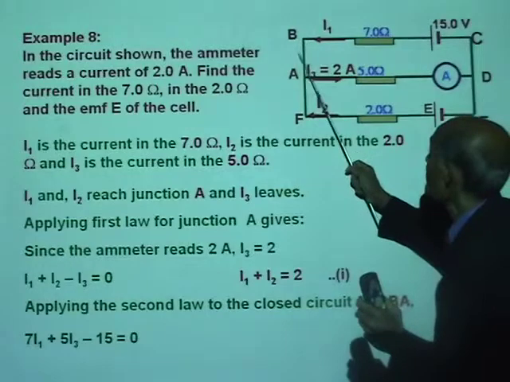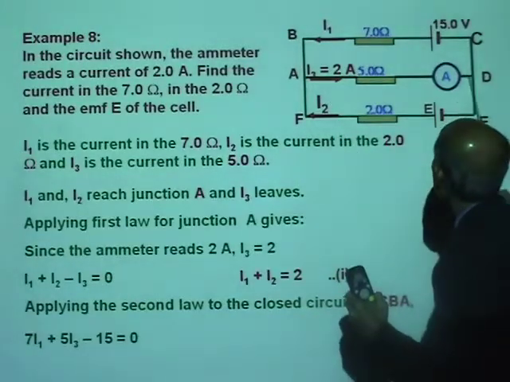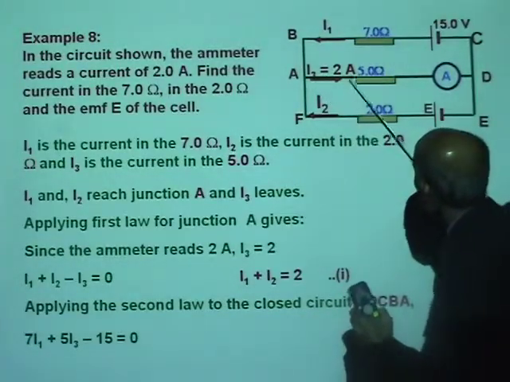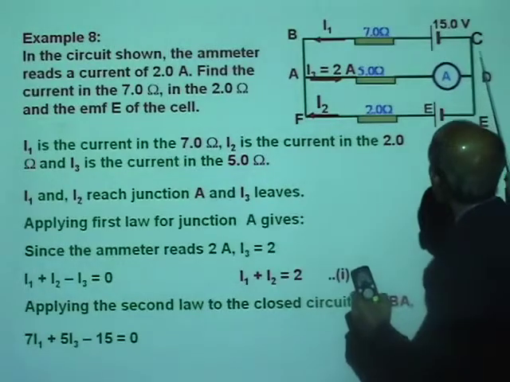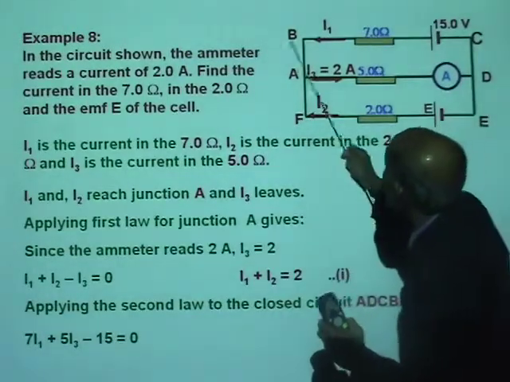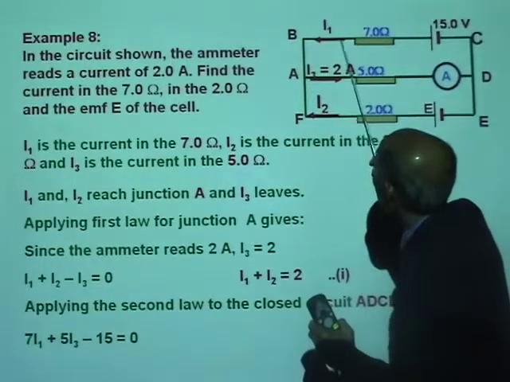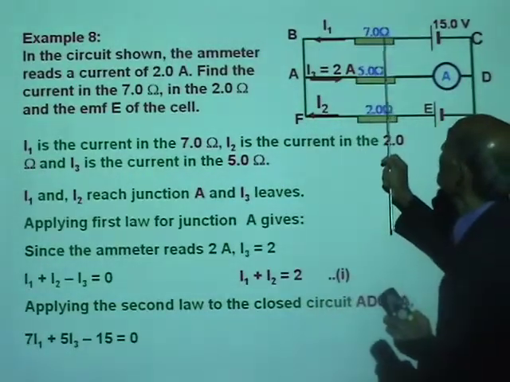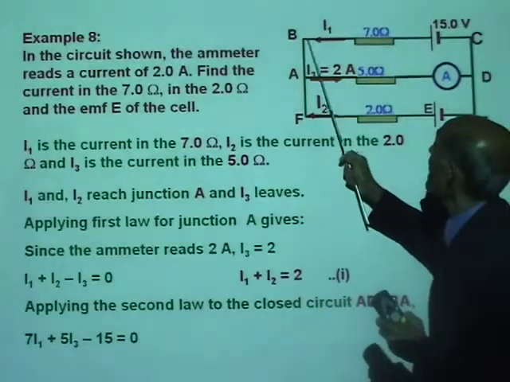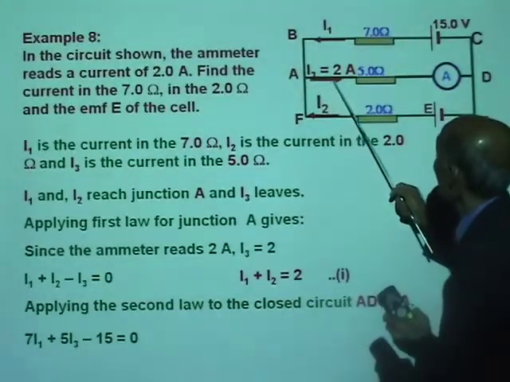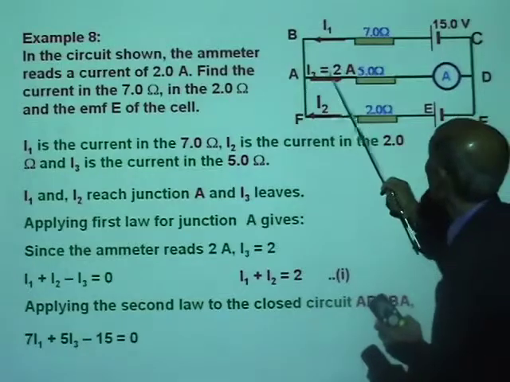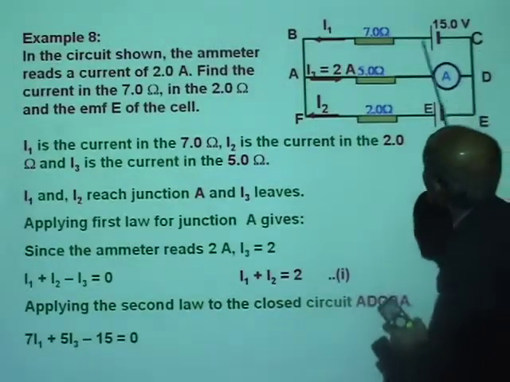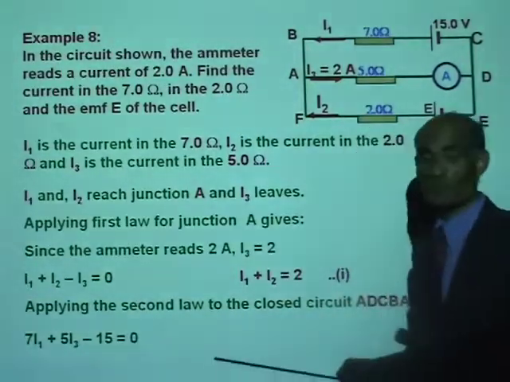Look at the direction of the loop. AD that way and the current I3 in the same direction. DCB, the direction of the current in the 7 ohm is the same direction. So there you have 7I1, there you are, plus 5I3 minus 15 equal to 0.